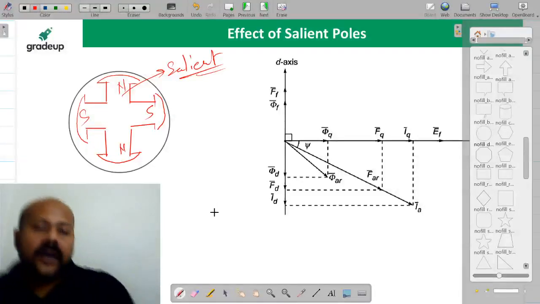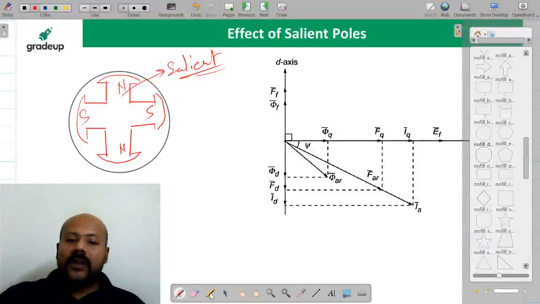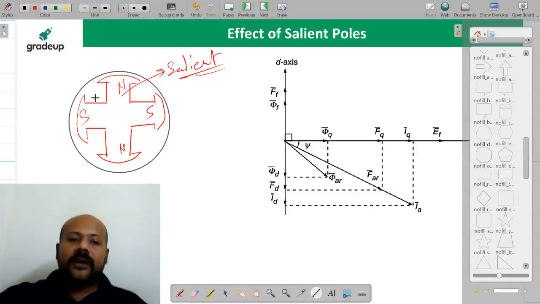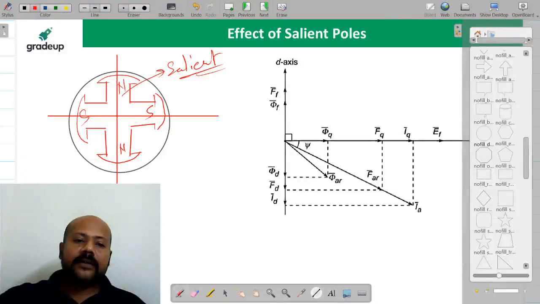Now if you see the salient pole, the most important difference is that the air gap is not constant. Suppose this is your direct axis, and suppose this is your quadrature axis.